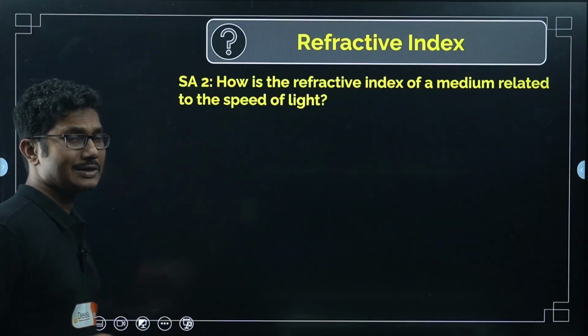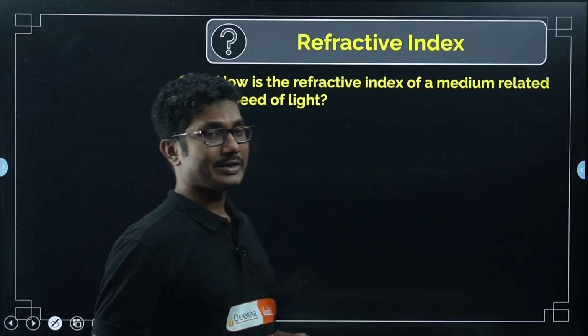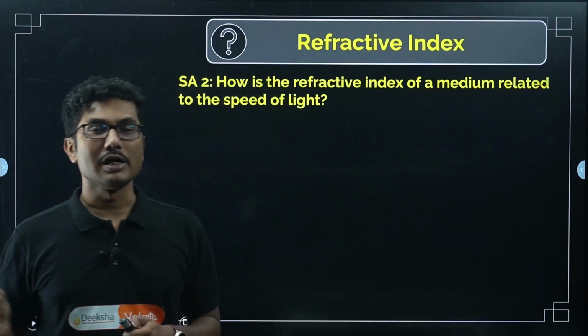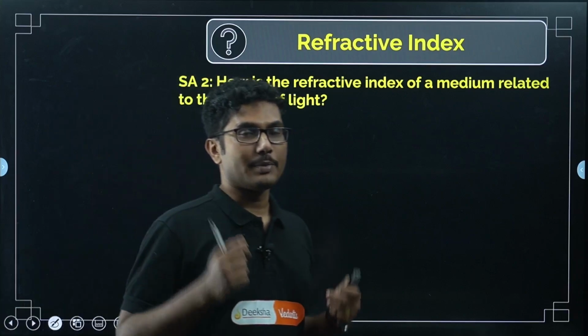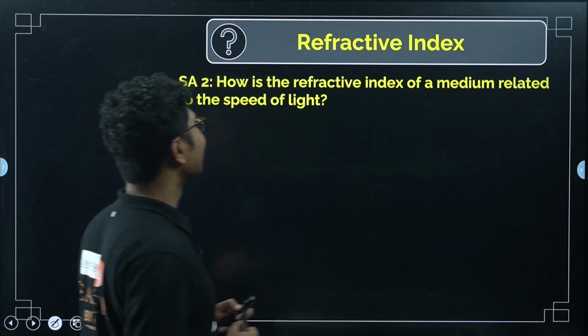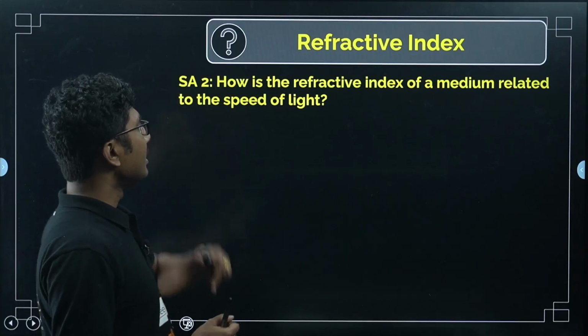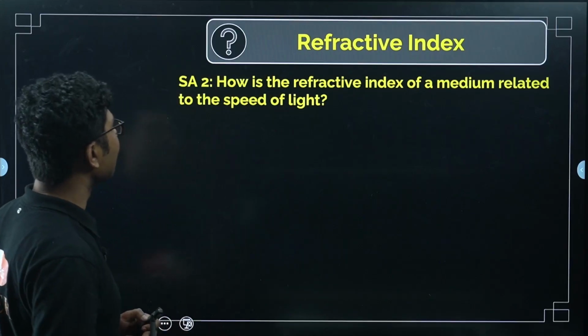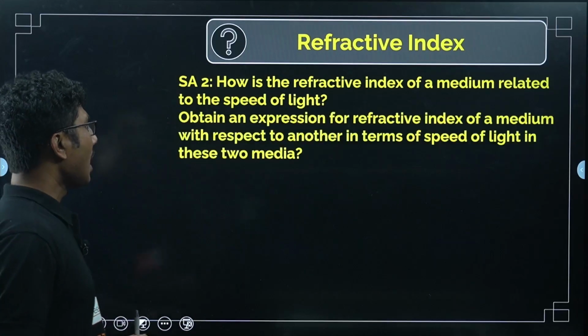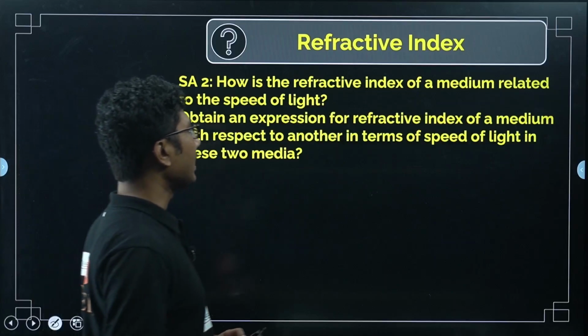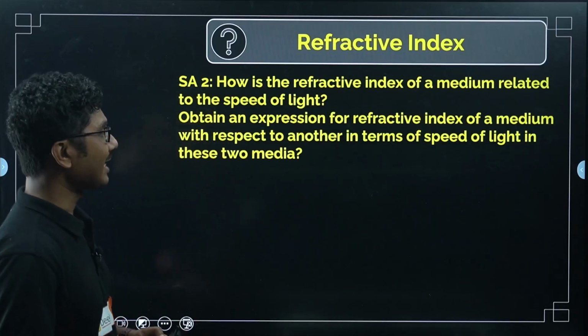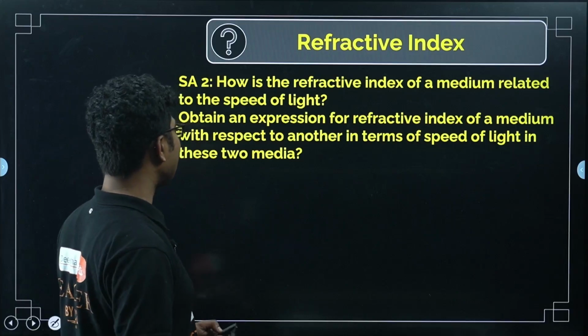Now refractive index. Let's look into the refractive index in detail. So far we have only looked into refractive index from the perspective of Snell's law. Now let's look into it from the definition of refractive index. How is the refractive index of a medium related to the speed of light, and obtain an expression for the refractive index of a medium with respect to another in terms of the speed of light in these two media.